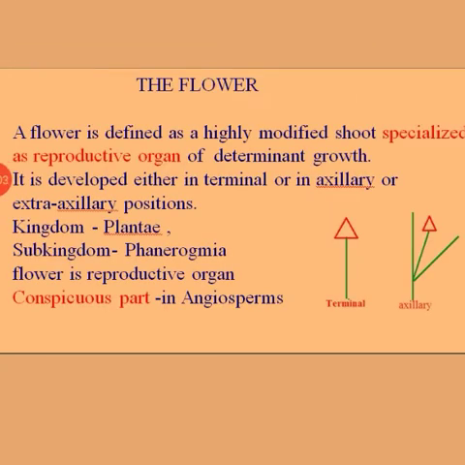We will start our first topic, the flower. A flower is defined as a highly modified shoot, which is a specialized organ for reproduction.